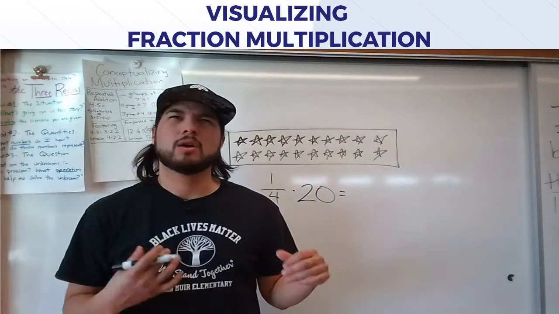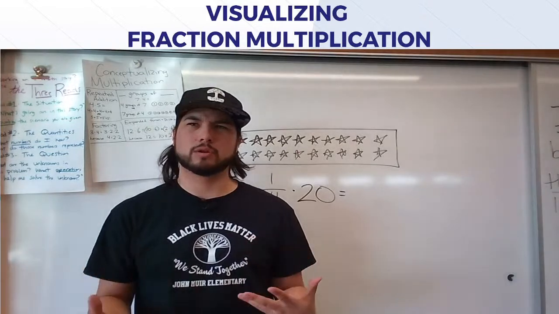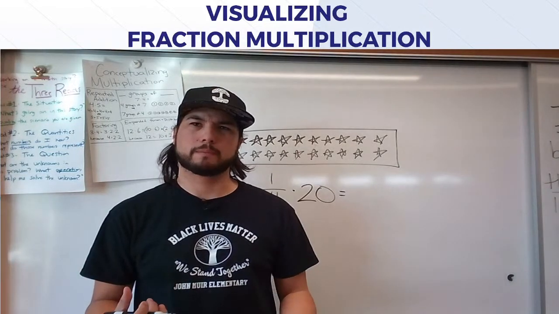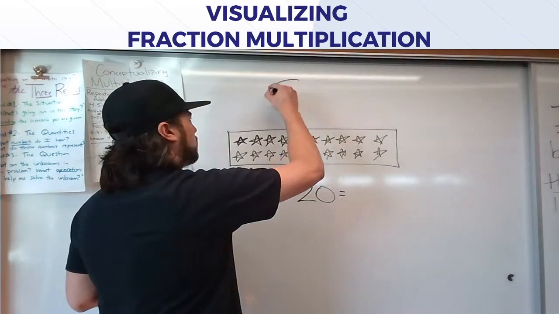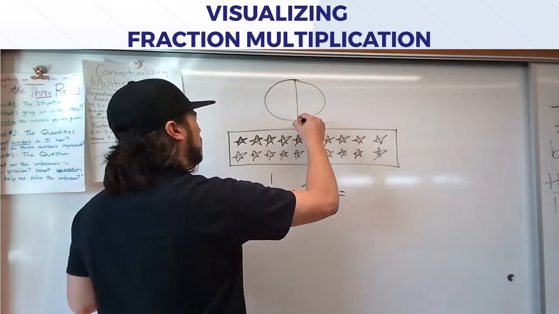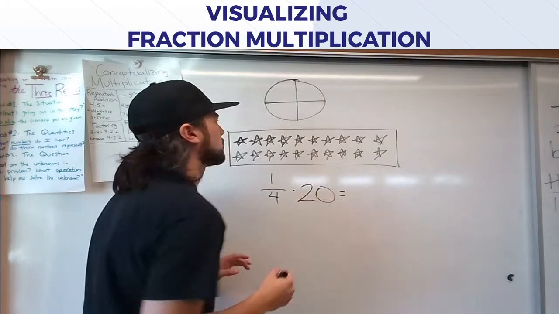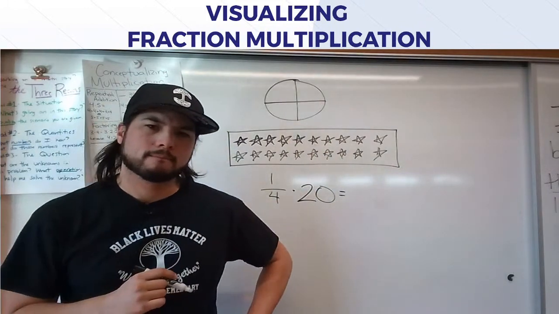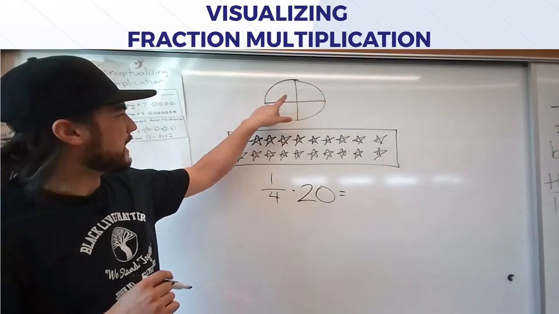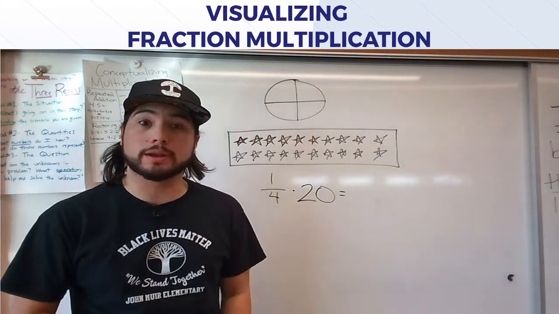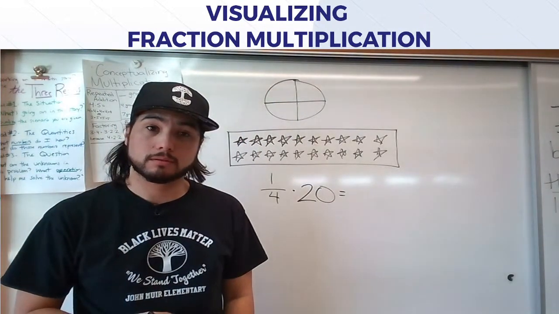Because if we think about 1/4 of a group of 20, I'm going to take my group and divide it into fourths, and I want to know what's the value, or how many go in one of those fourths.